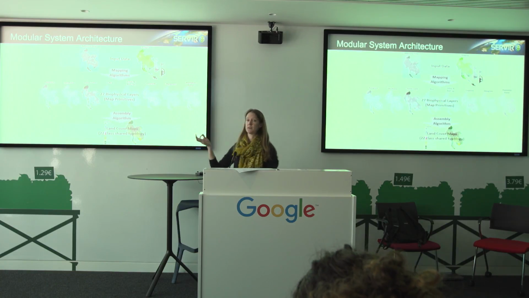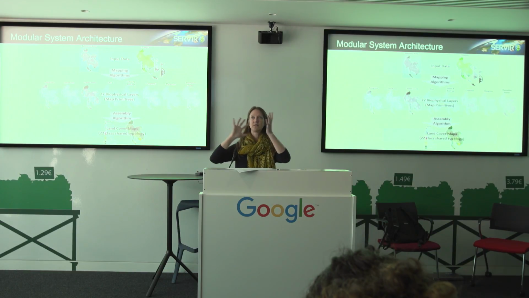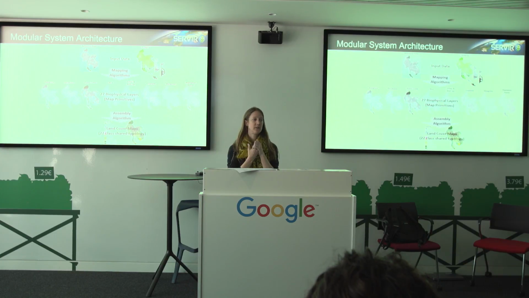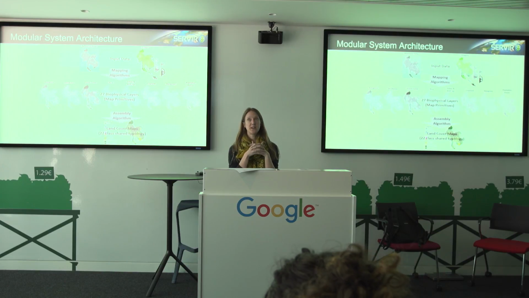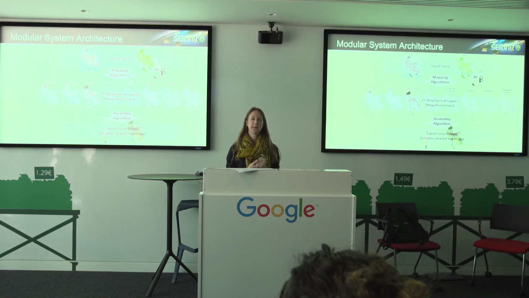Sometimes they're already out there. JRC has a good water product. Do we need to rebuild that? Collecting all of these biophysical layers, or map primitives as we call them, that contain information about just individual thematic land cover categories, we recombine those using a customizable rule set to come up with a land cover map.